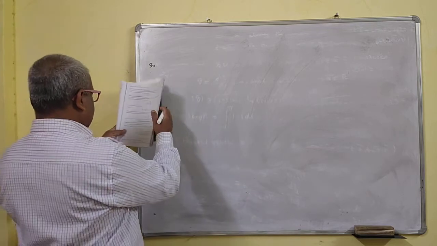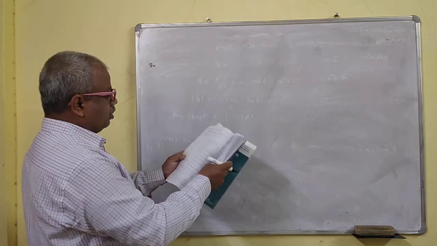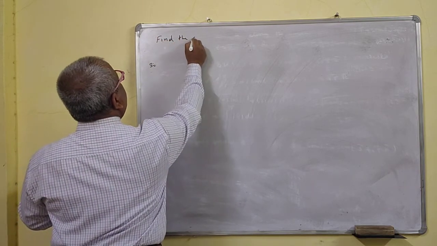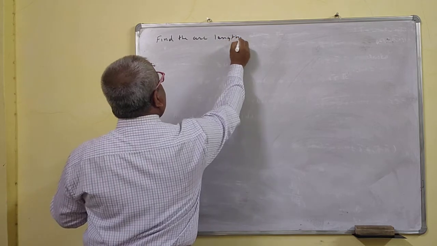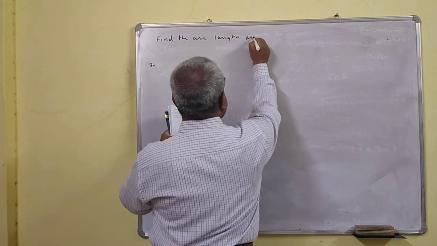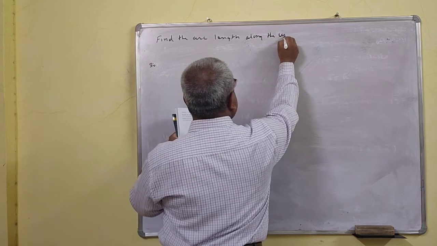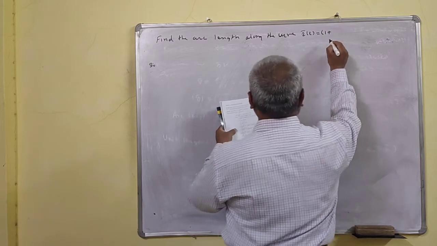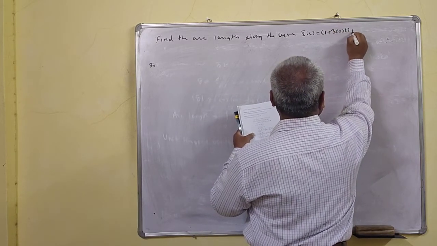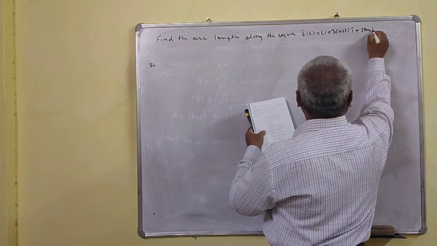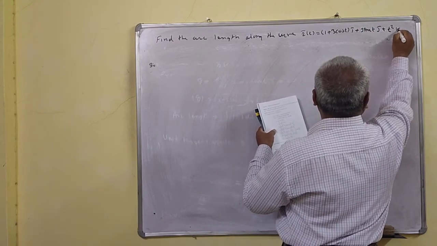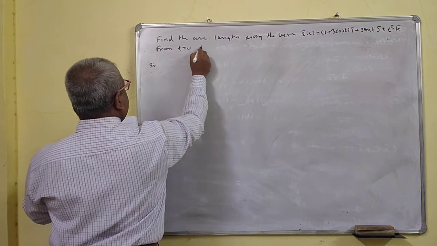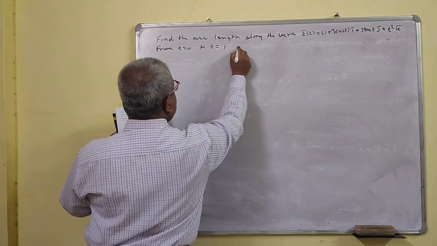Now we take the second one. Find the arc length along the curve r bar of t equals 1 plus 3 cos t i bar plus 3 sin t j bar plus t square k bar, from t equals 0 to t equals 1.